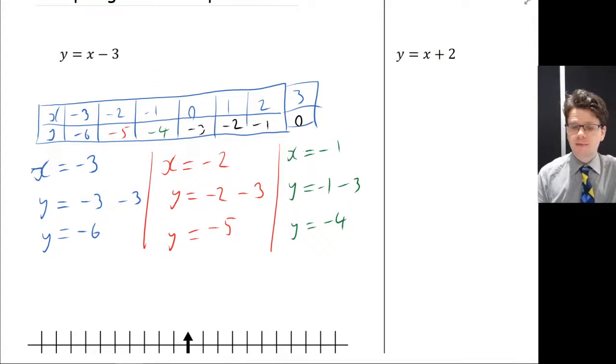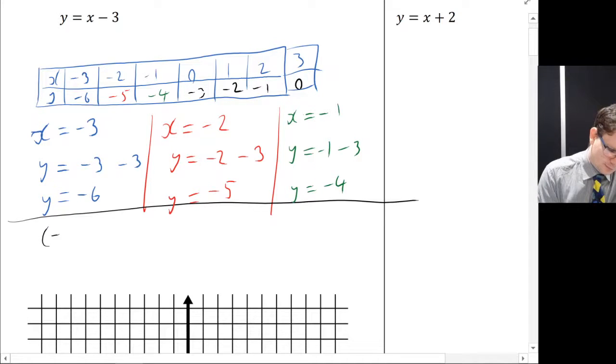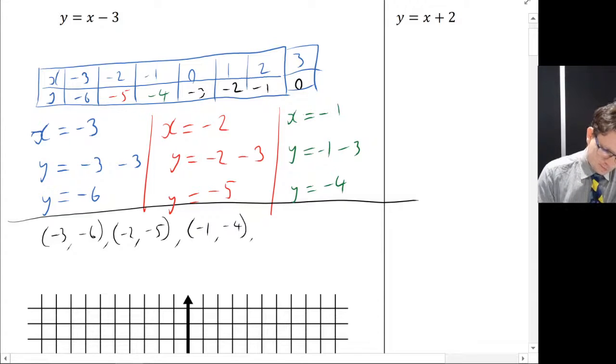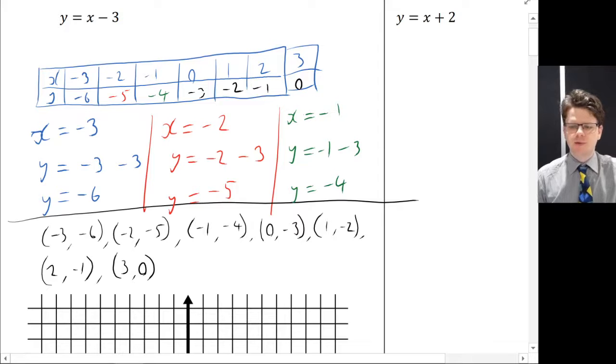Alrighty, so once I've got my table of values, I'm not yet ready to go. Now I need to turn them into points. So let's do that next. Alrighty, so there's my points all written down.